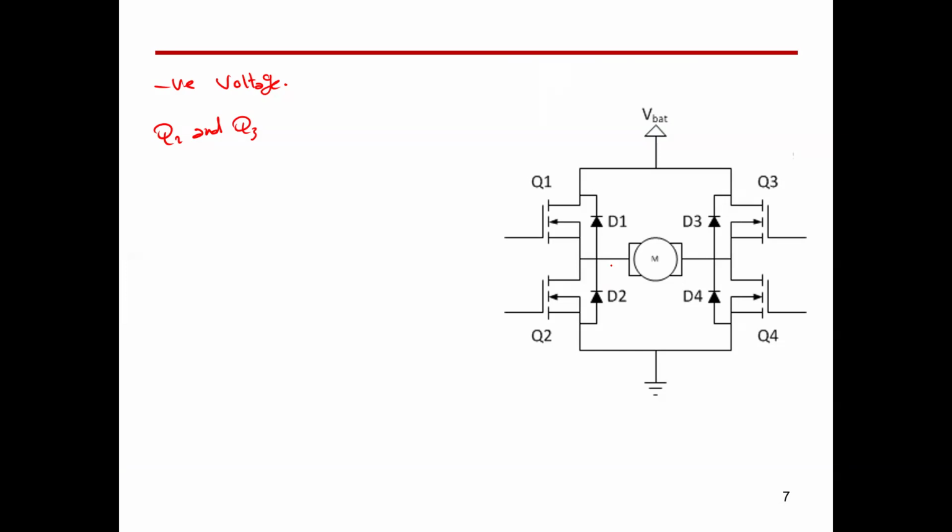So this will be ground, or let's say our negative, through Q2. And the positive terminal will come through Q3 and flow the current in this direction. So this is going to be positive, and this is the current direction.